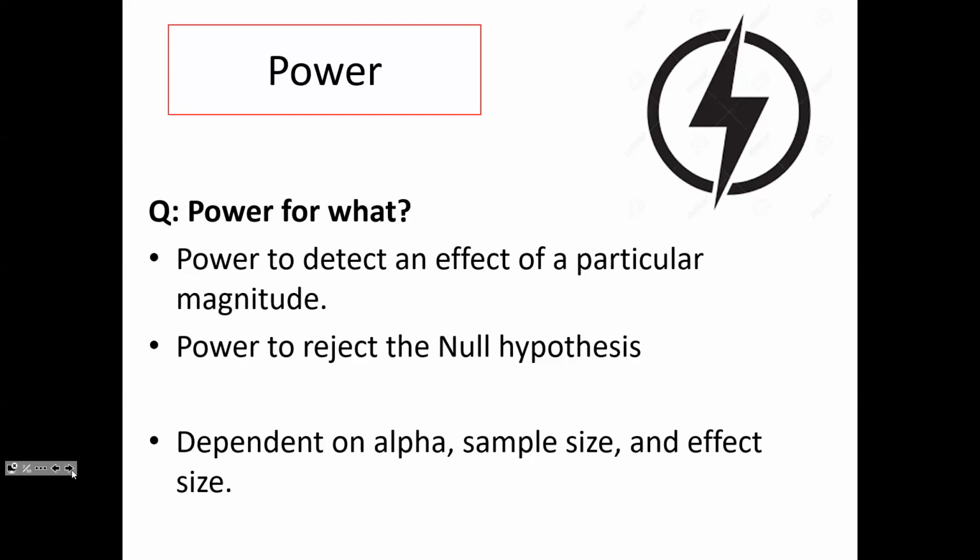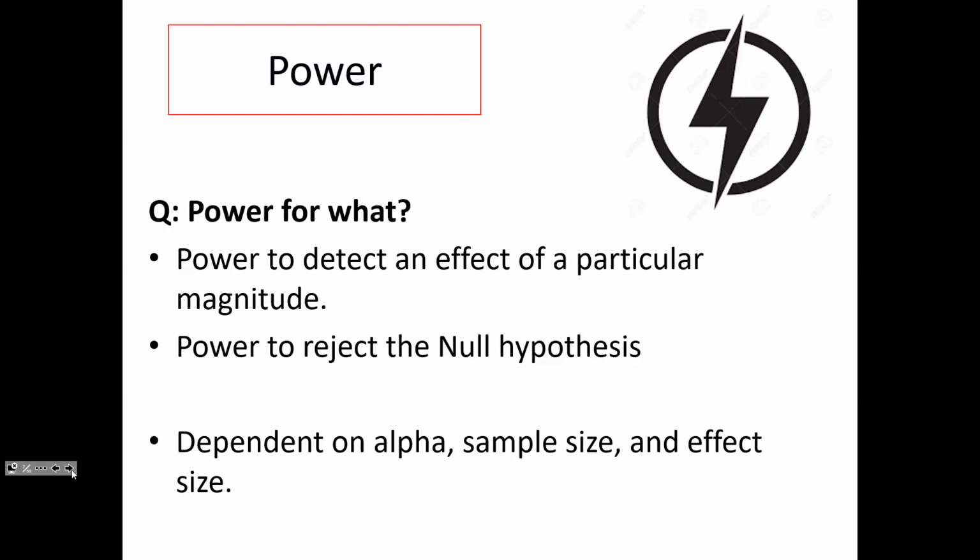Okay, so just to remind ourselves about how power works in a non-multi-level framework, power depends on three things. And one of them kind of breaks out into two things. But alpha, that's our type 1 error rate, right?